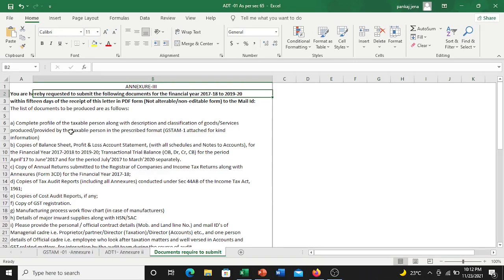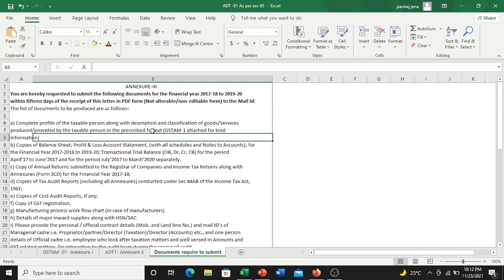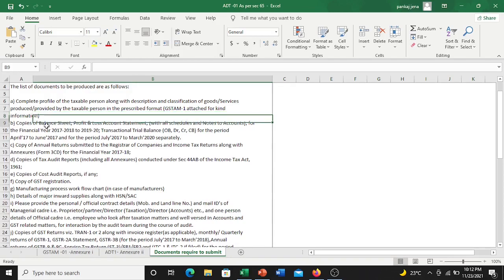Like this we already covered, that is our GSTR-1 which is annexure 1, and the next details will be the balance sheet or your profit and loss account, notes to account, and your trial balance, your annual returns, registered company income tax returns, tax audit reports, like your 3CA, 3CD reports and 3CEB if you are falling under the TP audit, which is transfer pricing audit.